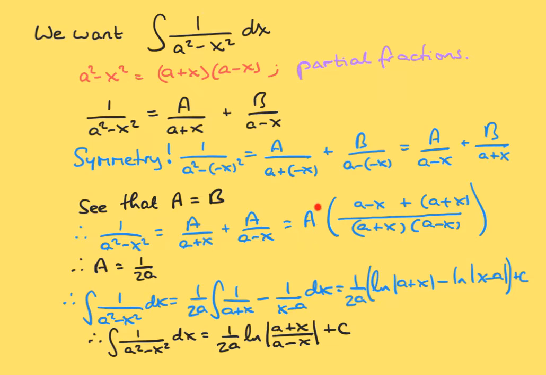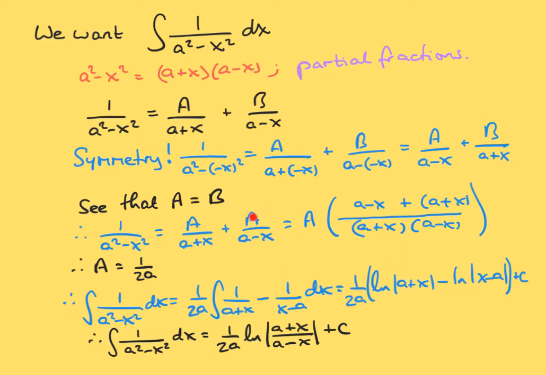We then pull out the factor of capital A outside, and we're going to have 1 over little a plus x, and I can write that as a minus x over a plus x and a minus x. These terms would cancel. I'd be left with 1 over a plus x. And then we add this term.